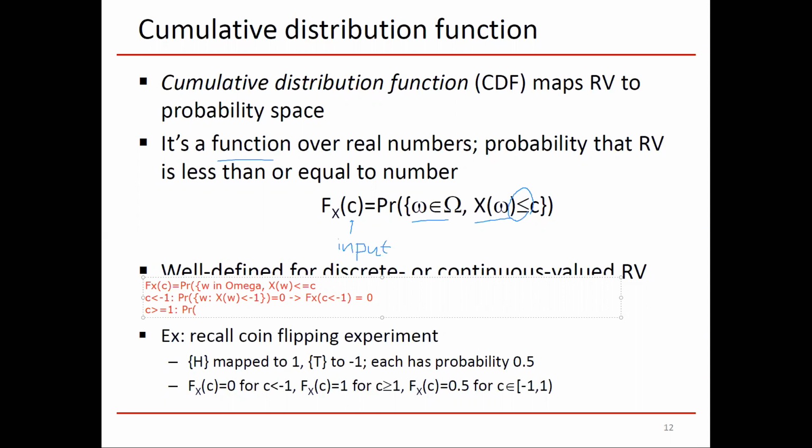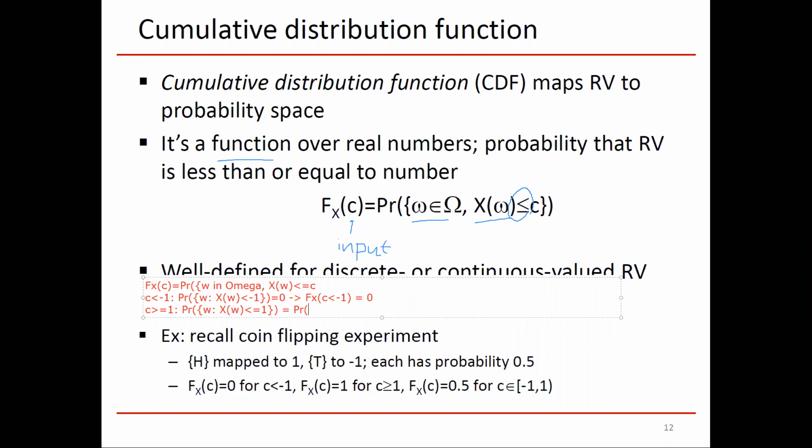So we have the probability of all the outcomes lowercase omega such that X of omega is less than or equal to c, and c is greater than or equal to 1, so let's just write that it's less than or equal to 1. Now, let's think of what omegas satisfy this. Omega can be h or t. If omega is h, we have a 1. And indeed, X of omega, which is 1, is less than or equal to 1.